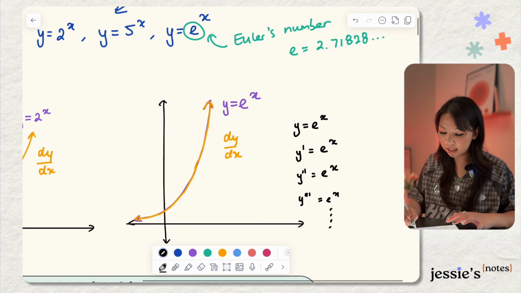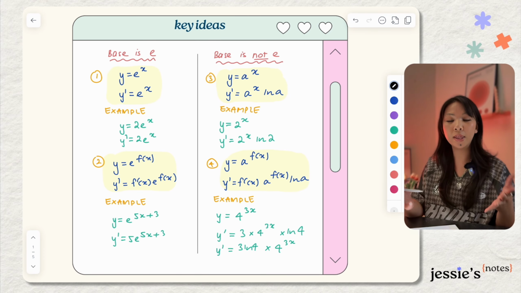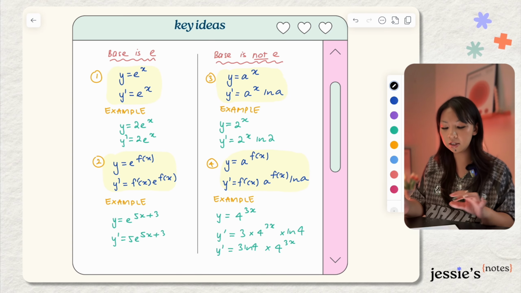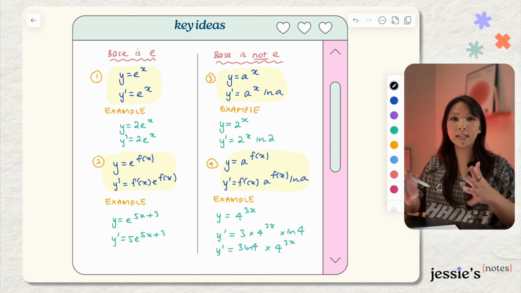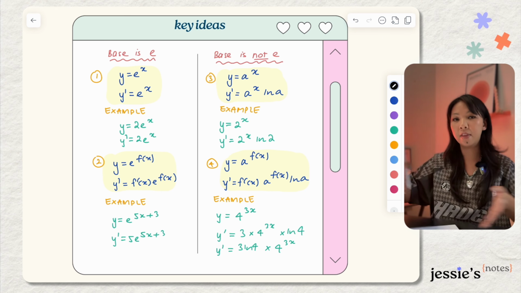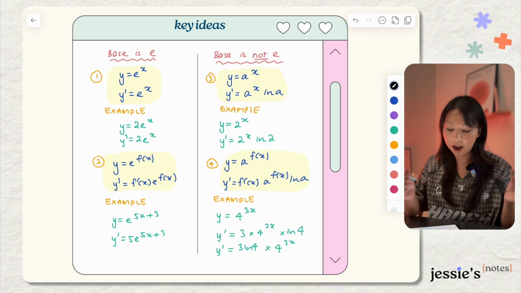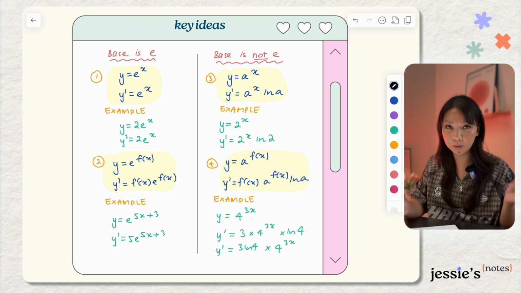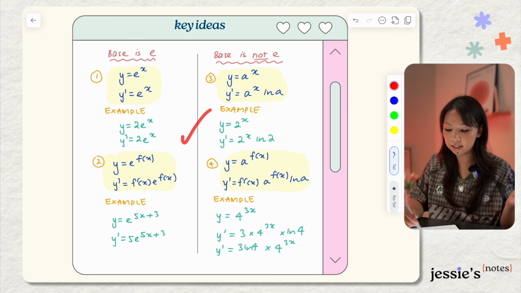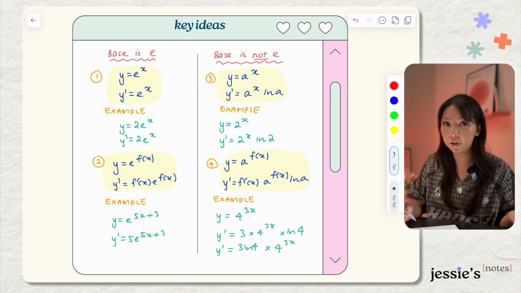Now, when I explain the different formulas that we deal with in differentiating exponential functions, we're going to be breaking it down into two types: where the base is Euler's number, and where the base is not Euler's number. I'm going to tell you right now, it blows my mind, but you can get assessed on all 4 of these formulas, but only 3 of them are actually in the textbook.